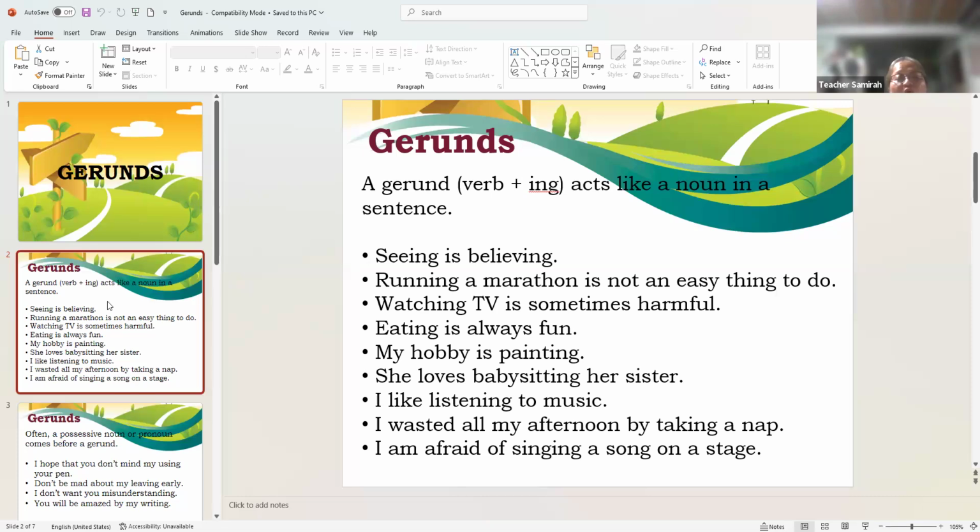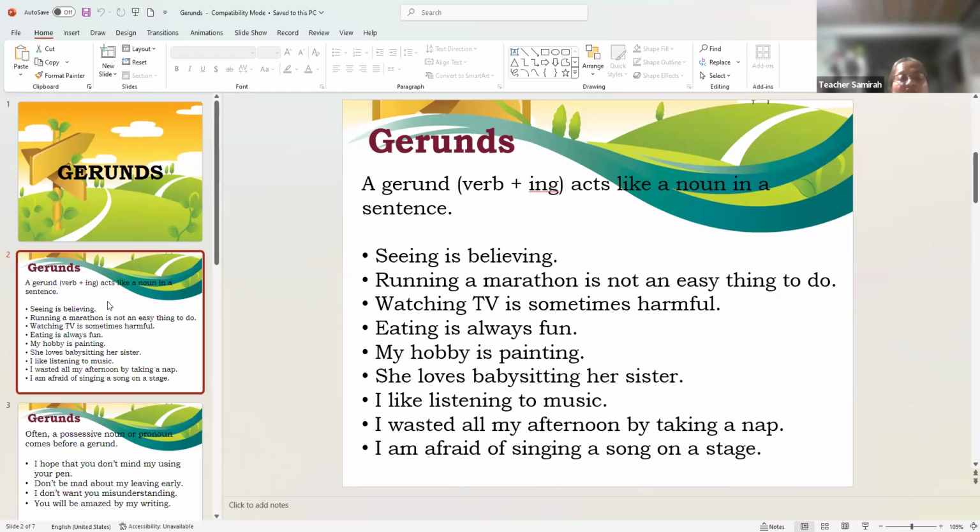Same with watching TV. Watching, from the verb watch plus ing, becomes a gerund, and now it is not functioning as a verb, but rather acting like a noun. In the sentence watching TV is sometimes harmful, the verb now is not watching, but rather the verb to be, is.